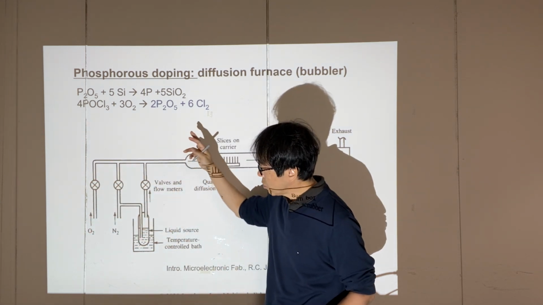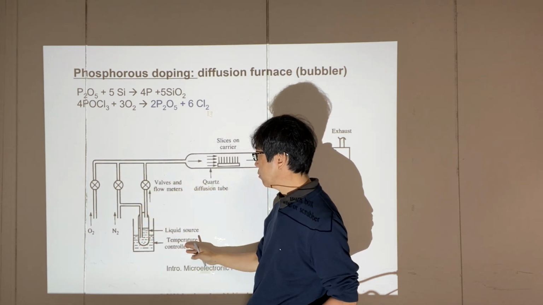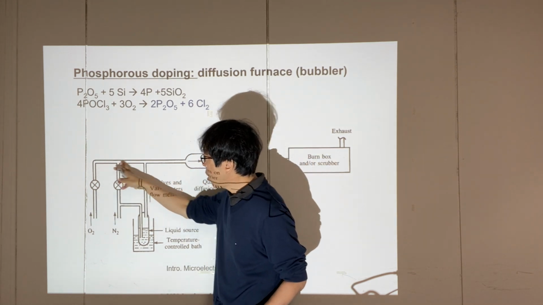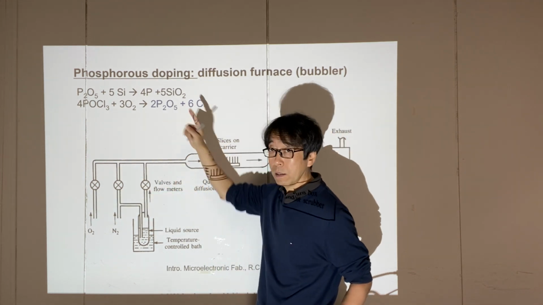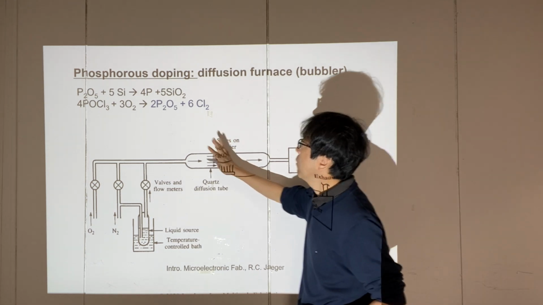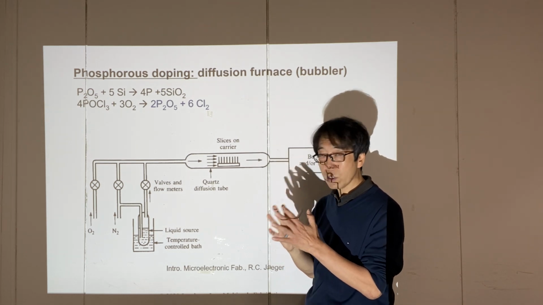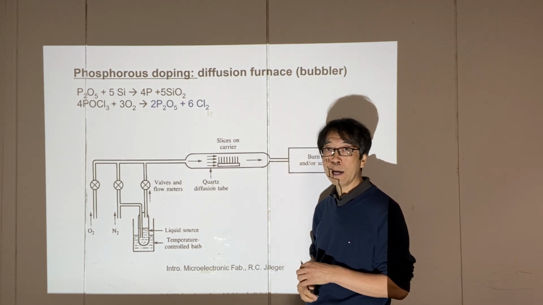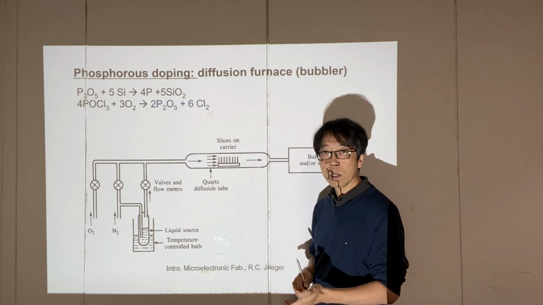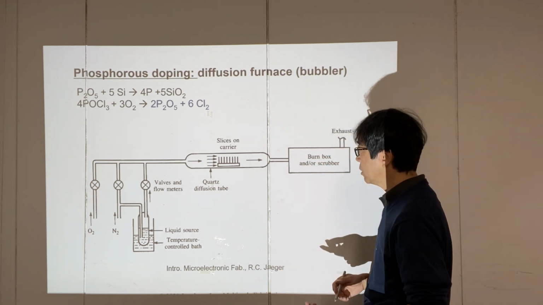Nitrogen will bubble up through the liquid POCl3 source, which evaporates and reacts with oxygen to create phosphorus pentaoxide. That creates phosphorus on top of the wafer, and from the surface the phosphorus diffuses into the crystal lattice of silicon because of the high temperature effect, a diffusion process.